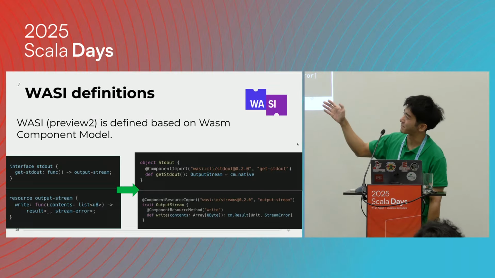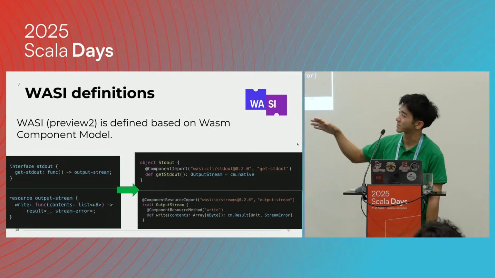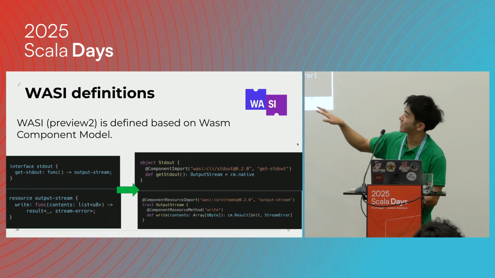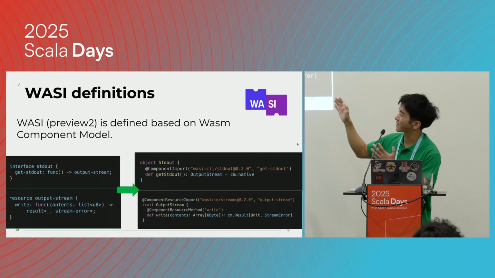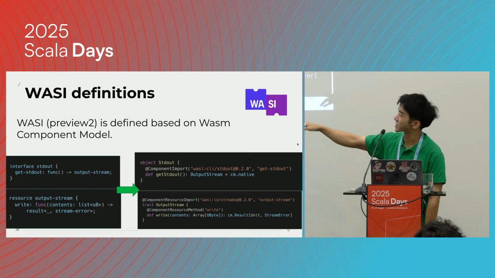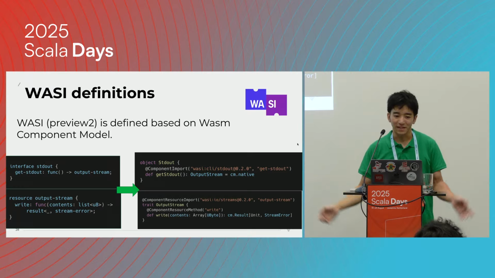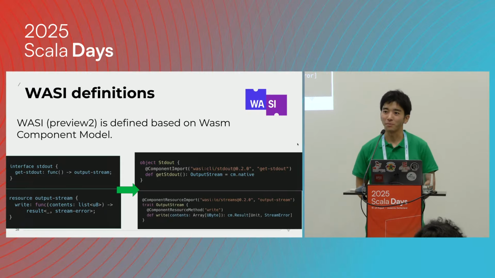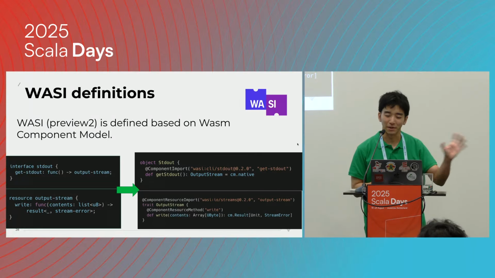It returns an output stream, and the output stream has a method, something like write, that takes a list of bytes, writes it and returns a result type. With WIT binding, glue code can be generated for this WASI definition, like the getStdout function and the write function, in Scala. So WASI is based on the Wasm component model, and once we implement the component model, WASI support is available automatically.